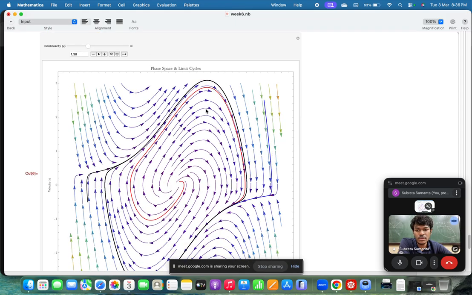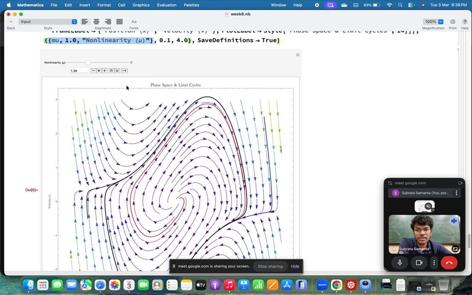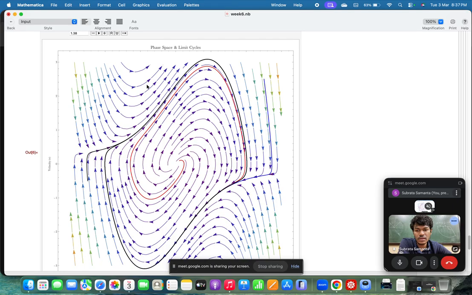If you fix this at 1.38, you see your blue line starts from here, the red starts from here, and the black starts from here, but at the end they converge into this closed contour.